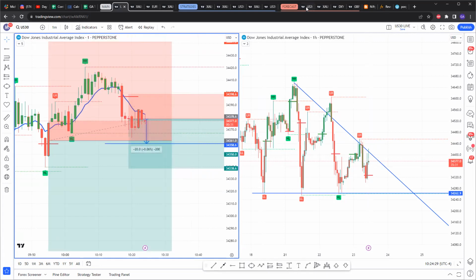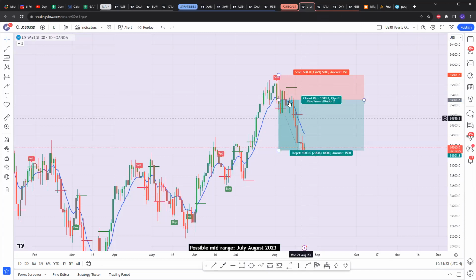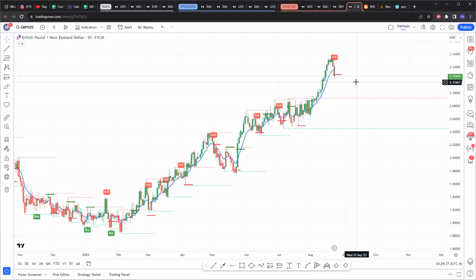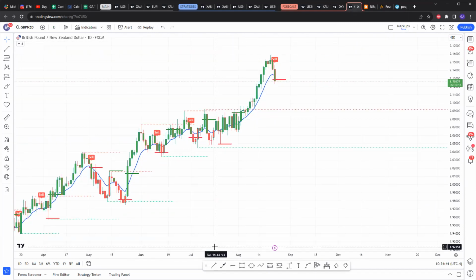Oh, here's another trade I wanted to show you guys. GBP NZD. This is the swing trade I sent a while back. You see GBP NZD on the daily time frame. One thing I like about this trade, this is the reversal indicator, right? It's forming a sell together with a daily SAR, and keep in mind this is the daily.